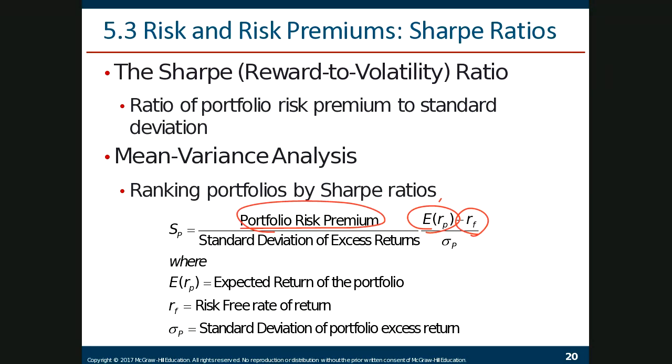If we take that risk premium and take the ratio of that risk premium to the risk that we are taking, this ratio tells us how much of the premium or reward we are getting for each unit of risk we are taking. And that is the Sharpe ratio.